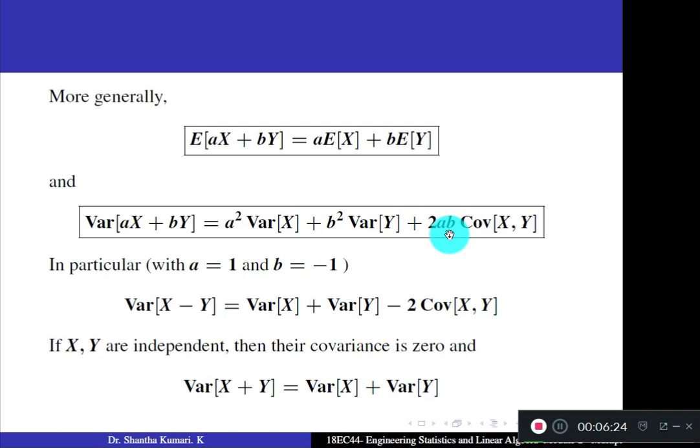So with the a term you have the x term, so it is a square into sigma square x. So a square sigma square x, and this is b square sigma square y. And what is 2ab? Both x and y are included in it, which means it is covariance. So 2ab into covariance of xy.